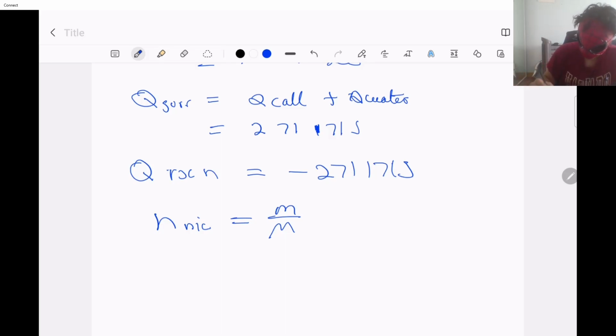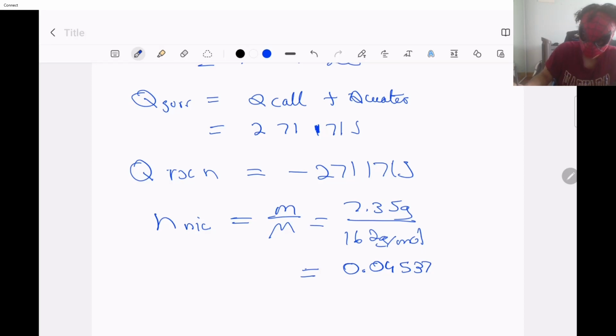You can calculate the molar mass of nicotine, but just to save time, I have it in hand. So the mass is 7.35 grams over 162 grams per mole, and this is equal to 0.04537 moles.